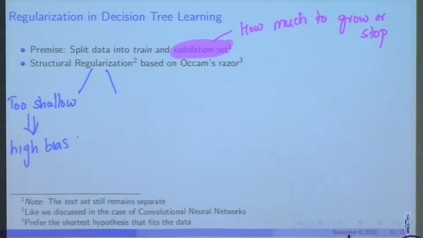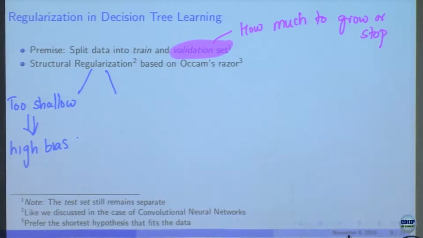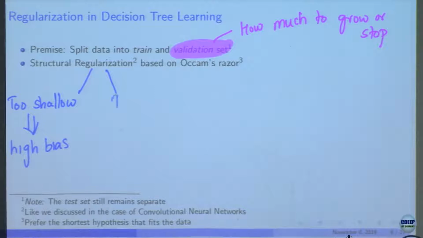But then what did we see with polynomial regression with very high degree? What increases? Bias is low, but then variance increases, right? So if you make it arbitrarily deep, that will imply high variance.